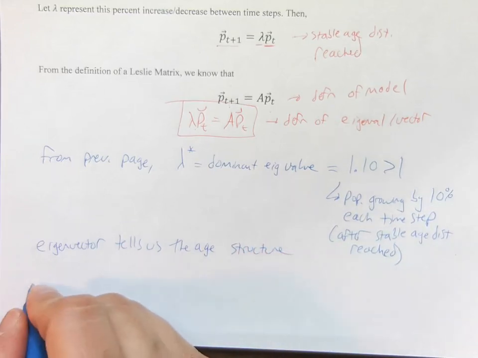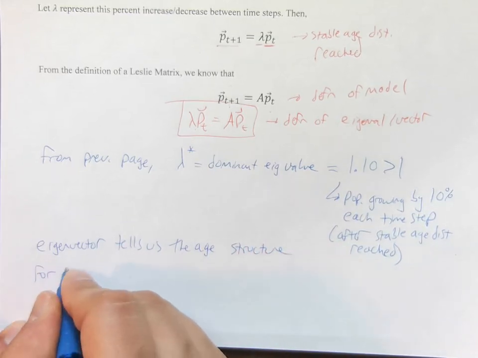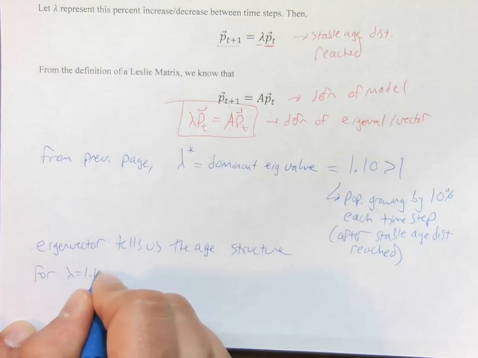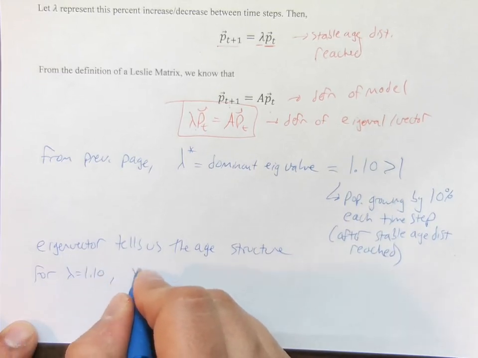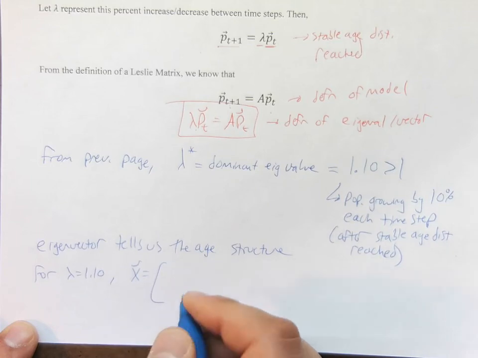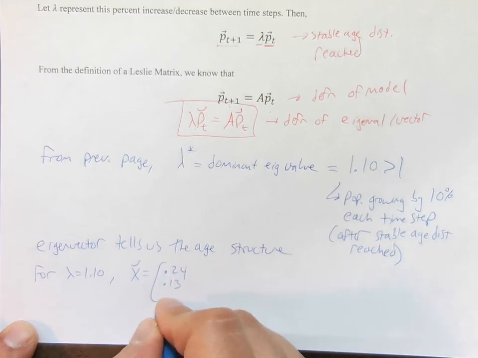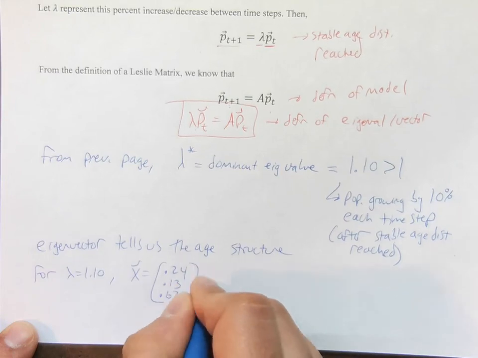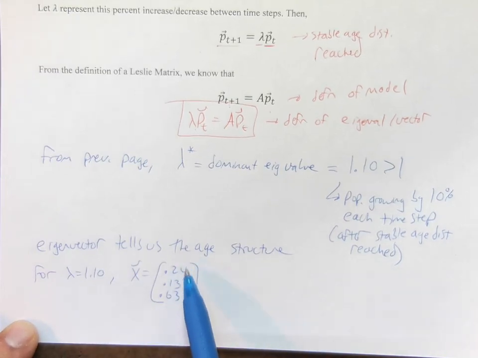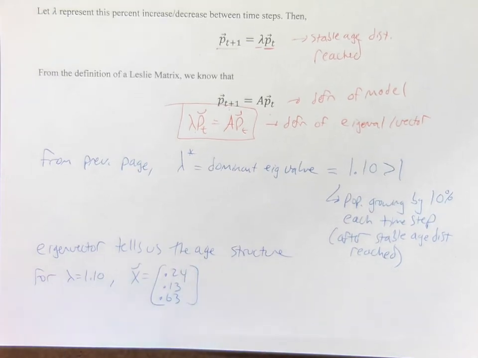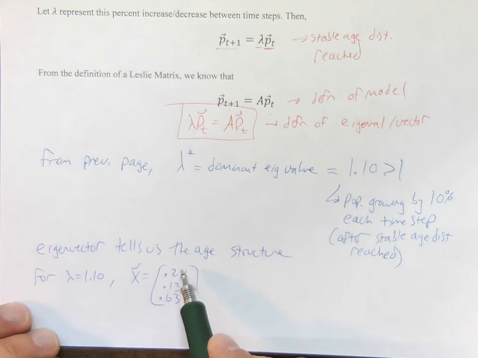For lambda equals 1.10, the eigenvector turned out to be 0.24, 0.13, 0.63. And I had to normalize it so that those numbers added to 1. I mentioned that you can multiply any eigenvector by a scalar and it stays an eigenvector, but you can basically add the numbers up and divide by the total.